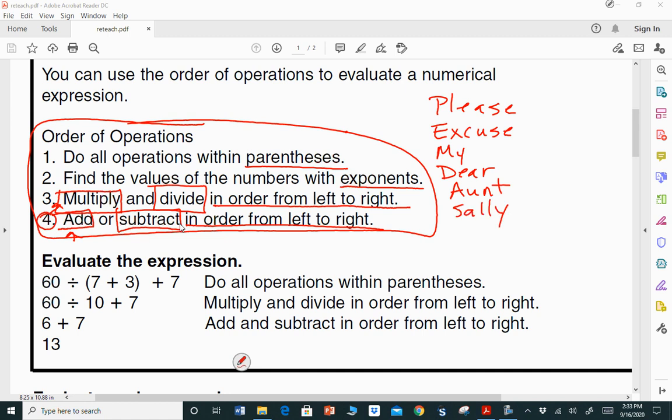When I was a kid, everybody remembered, please excuse my dear Aunt Sally, and that stands for parentheses, exponents, multiplication, division, addition, and subtraction.